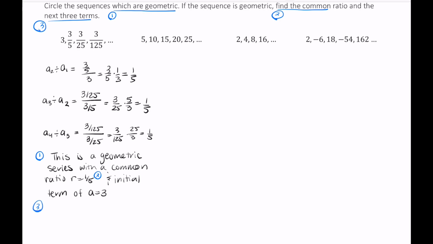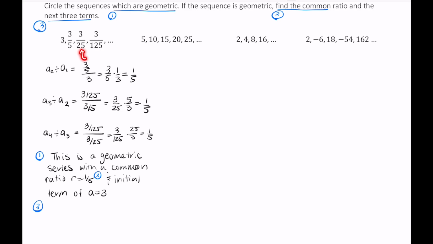So what will the next term be? Before we jump right into that, let's think of this one. This one has our initial term a, but we don't see a 1/5 times here. Basically, you can imagine this is 1/5 to the 0 power, since this here is just 3 times 1, and that equals 3. Well, 1/5 to the 0 power equals 1. So this one here is 3 times 1/5 to the 1 power, our second term.